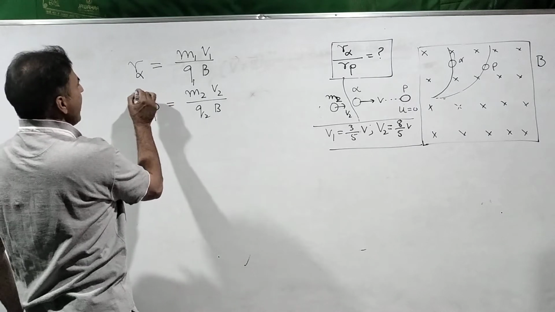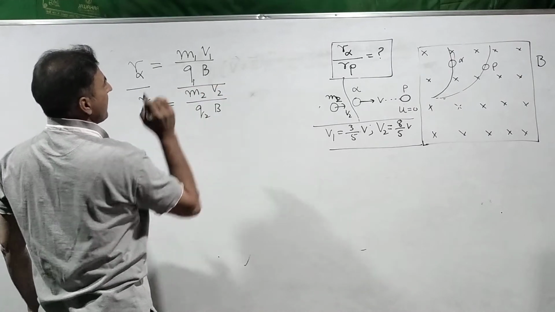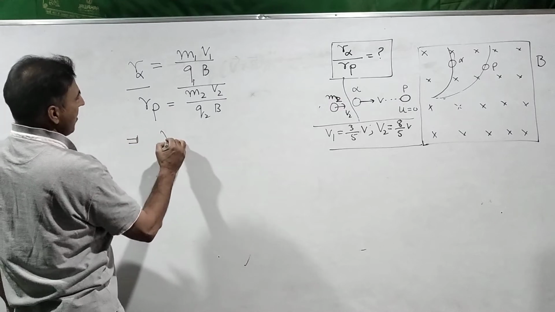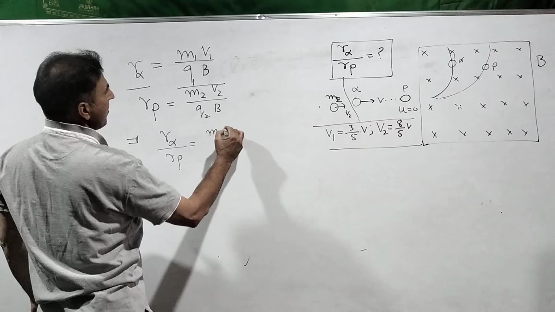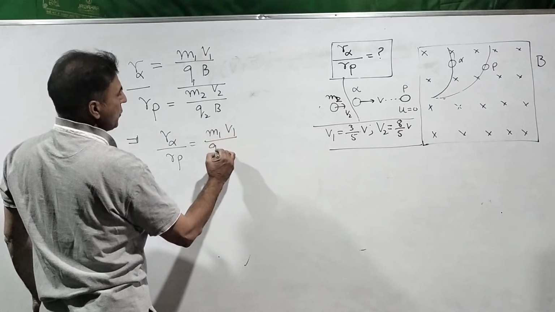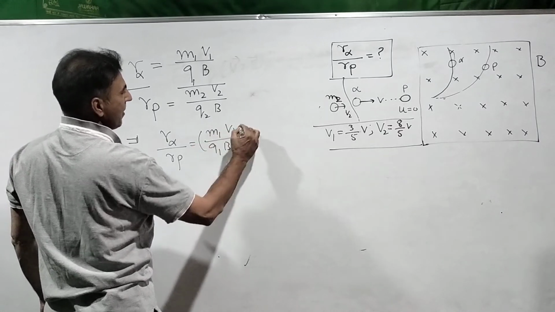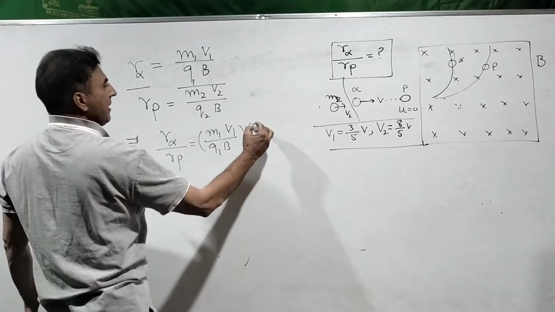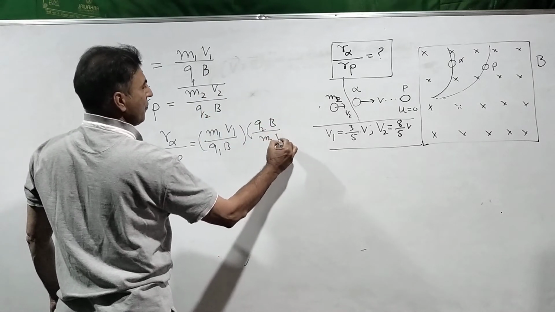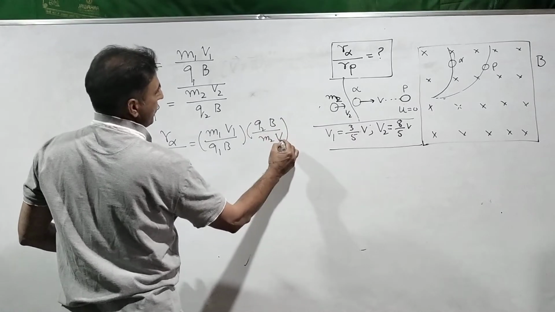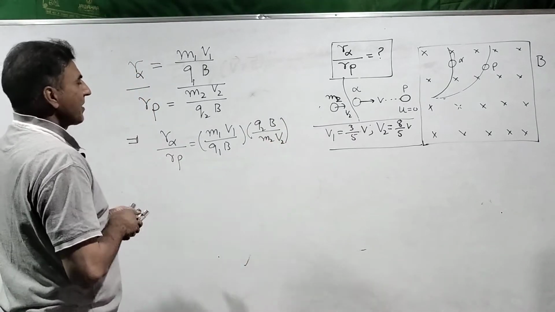I divide the two. When I divide, what do I get? R alpha by R proton is equal to m1 v1 by q1 B multiplied by the inverse, q2 B by m2 v2.